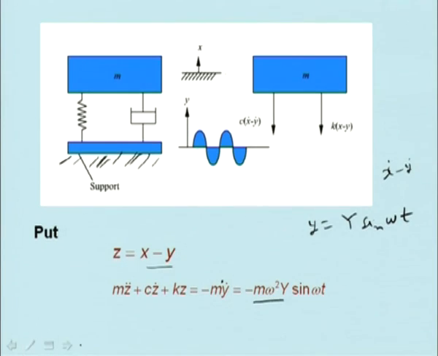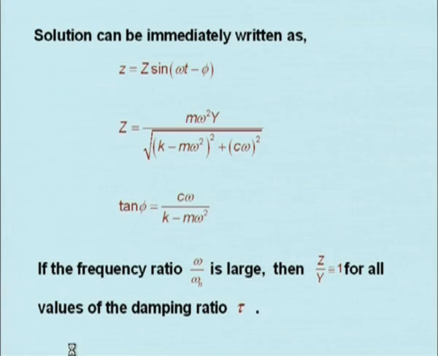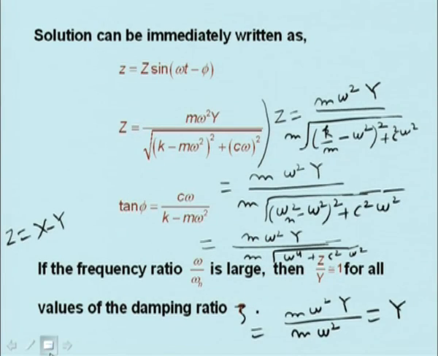So Z by Y is almost 1. That means the relative displacement is almost the same as the support displacement. So this is the thing.